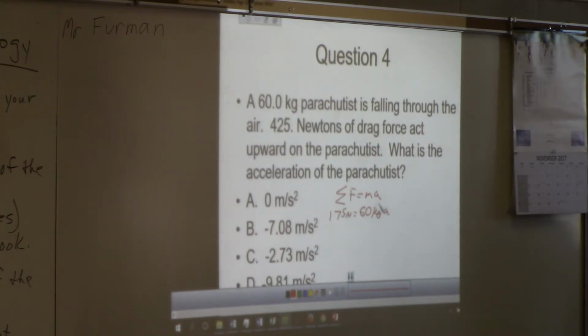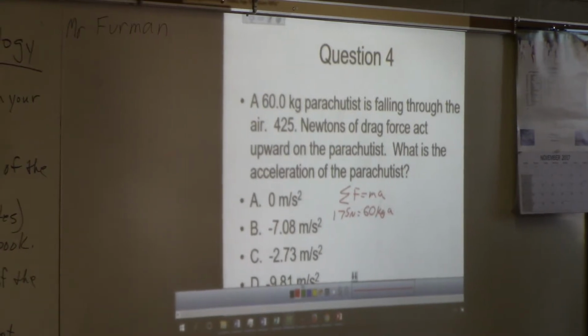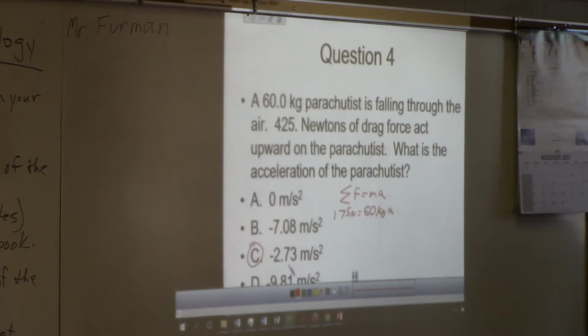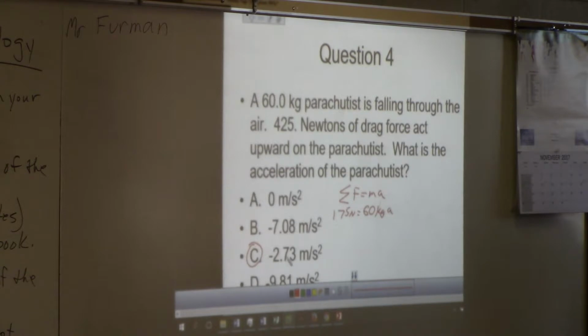One step to the problem at this point. 175 divided by 60, approximately 3. Do I have any of these numbers that are approximately 3? And negative, because it is accelerating down. They use up positive, down negative.